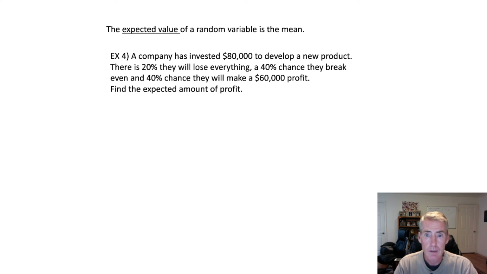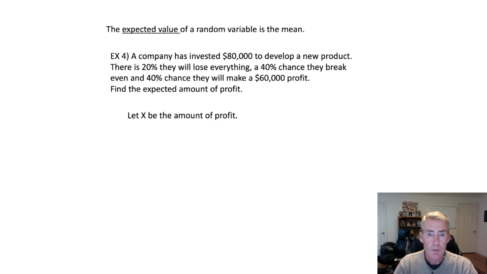So they made some product, they took it to market, nobody bought it, and they lost all of their investment. There's a 40% chance they break even. In other words, they spent $80,000, but they're going to make $80,000, basically just paying off their bills. And then there's a 40% chance that they make $60,000. So what is the expected amount of profit?